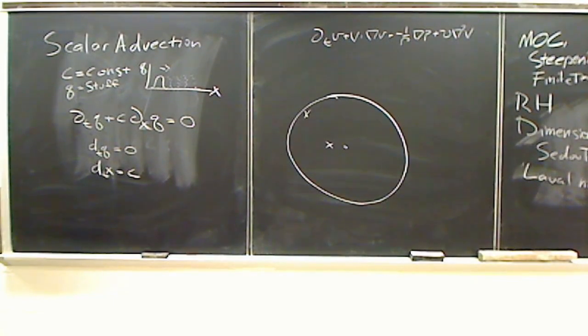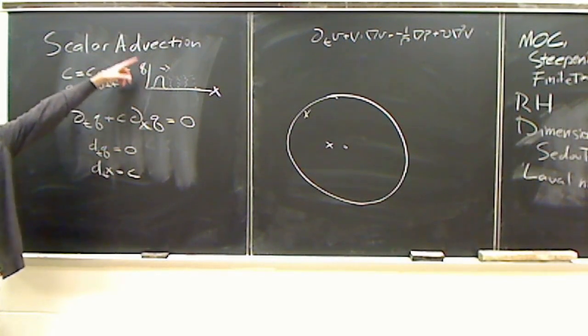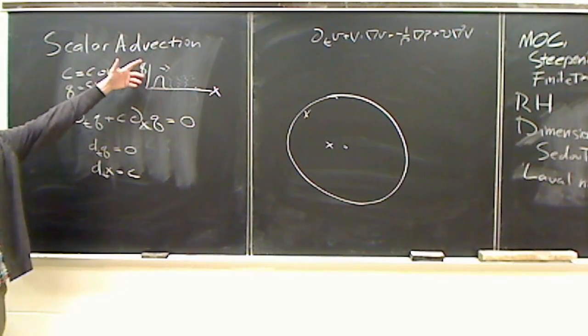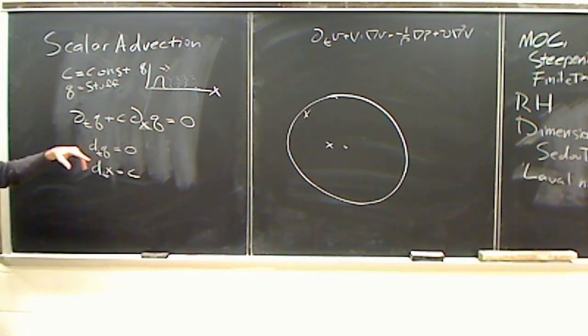So the basic idea now is I have some flow, some system where I have some concentration of a contaminant or a density or something else that just gets pushed around with a fluid. That quantity follows the scalar advection equation, which is this. So dq dt plus c dq dx, where q is, say, my concentration of pollution in my region.